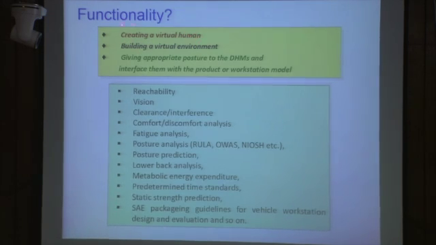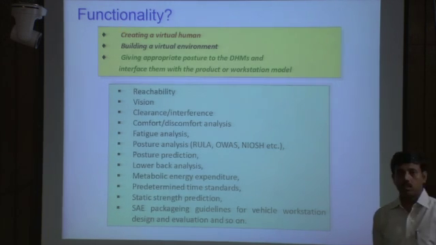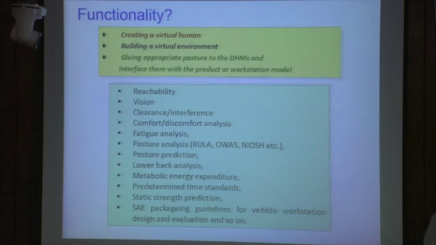Regarding this digital human model creation, as we mentioned, we can create a customized human model as per our intended user population or intended user, and any sort of variation in terms of anthropometry, somatotype, we can do that.